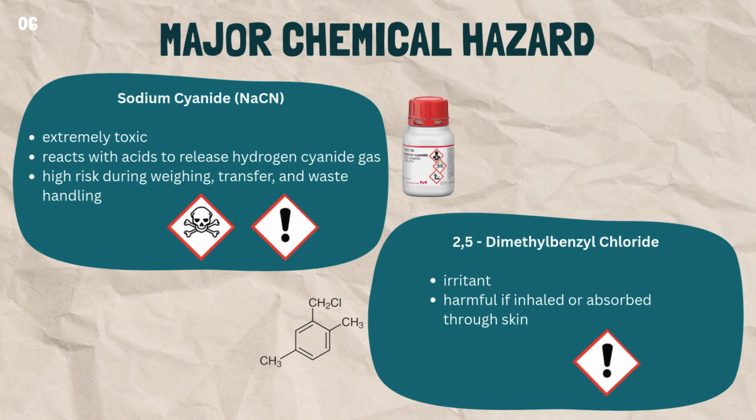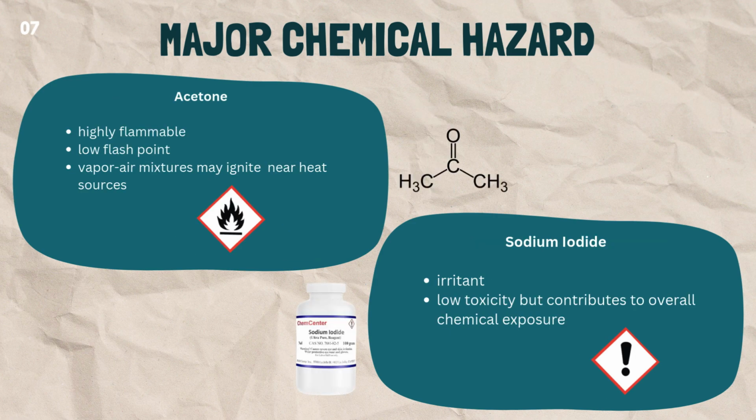Next is 2,5-dimethylbenzyl chloride. It is an irritant and can harm us if we breathe it in or if it touches our skin. It may also cause eye irritation, so gloves and goggles are important when we use this chemical. Acetone is highly flammable and has a low flash point.